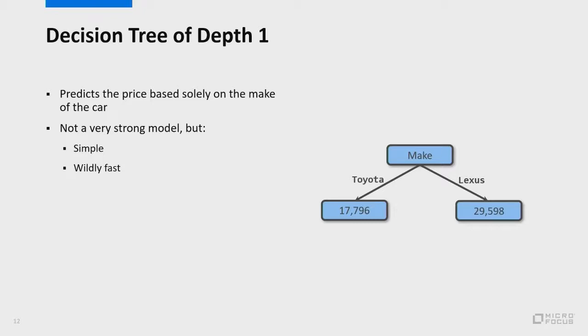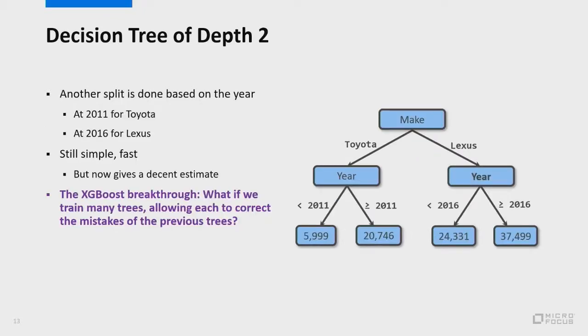So, the next step after this might be to add another layer to this tree. So this is a decision tree of depth 2. And in this case, after splitting on the make, we then also split on the year. And so for Toyota, the algorithm decided that the best place to split would be 2011. And as you can see, the cars older than 2011 are predicted to be $6,000, and newer will be about $21,000.